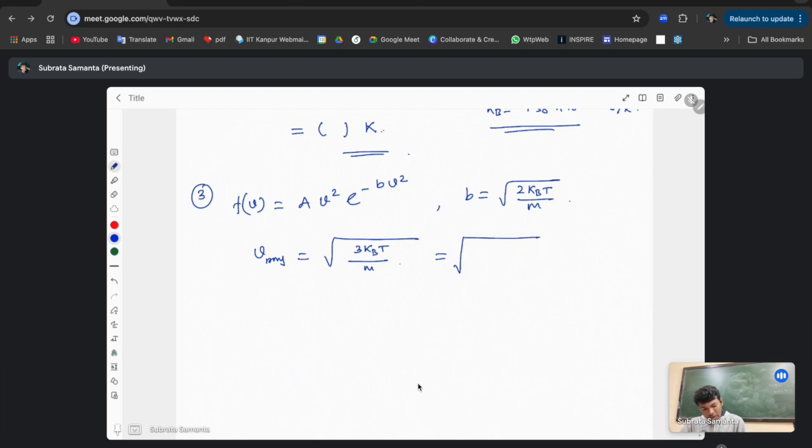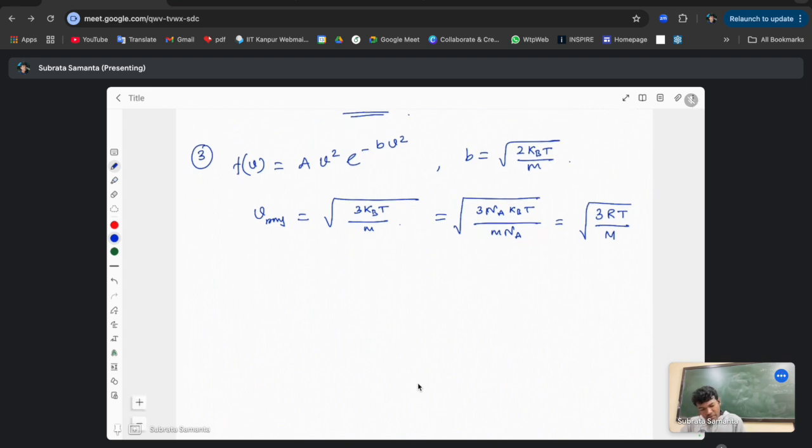So in this case, if you multiply both sides with the Avogadro number NA, this gives you v RMS is basically the square root of 3RT over M, where M is the total molar mass.